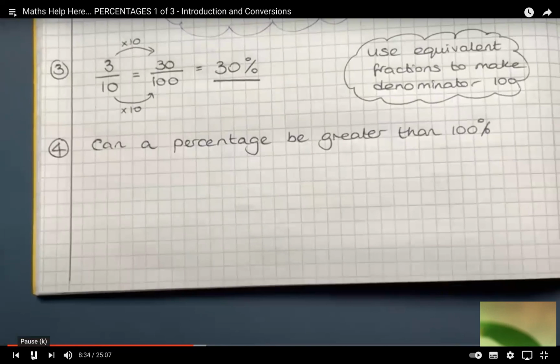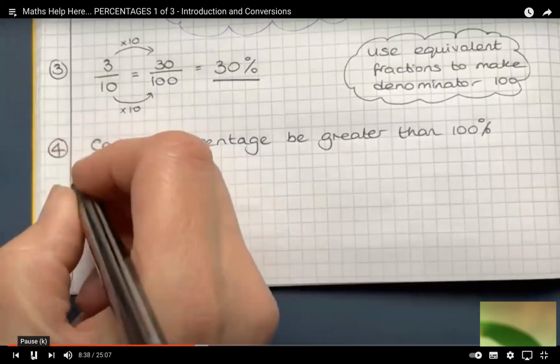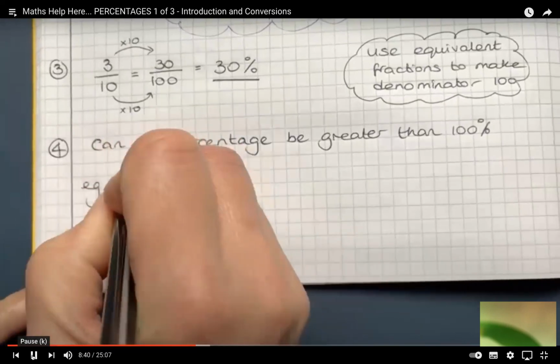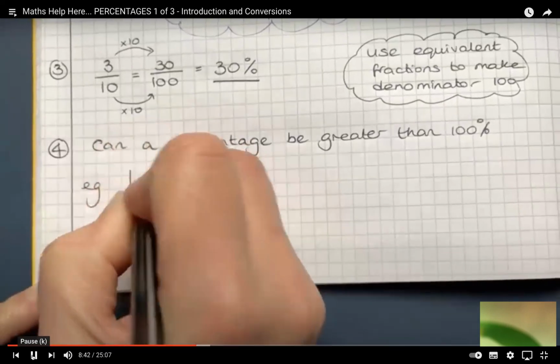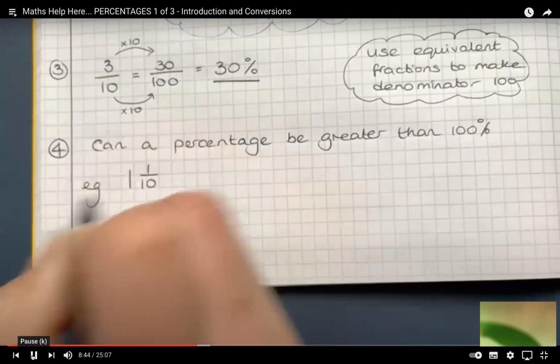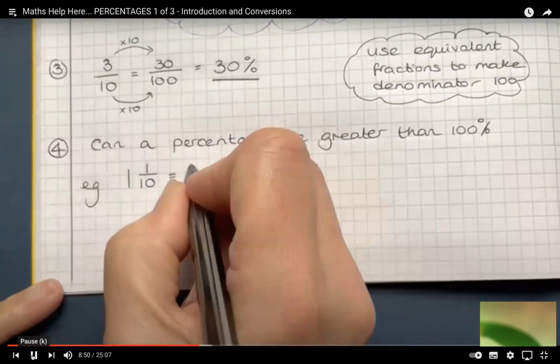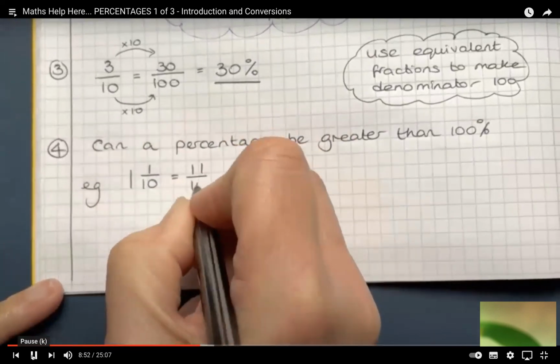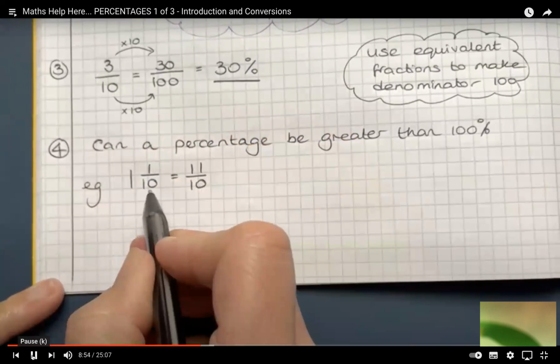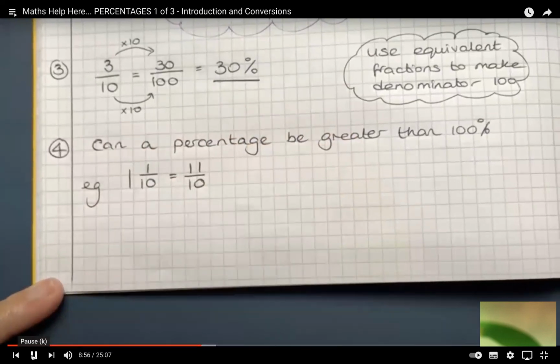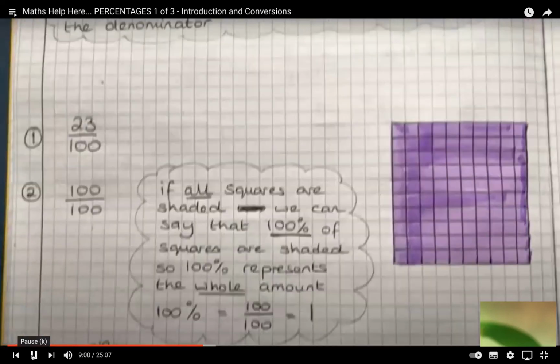Well, let's just think about fractions for a moment. Let's take an example of a mixed number fraction. I'm going to choose 1 and 1/10. I know that I can write my mixed number fraction as an improper fraction. That would be 11 over 10. 1 multiplied by 10 is 10 plus 1 gives me 11 over 10. Right, let's go back up to my rule at the top again.